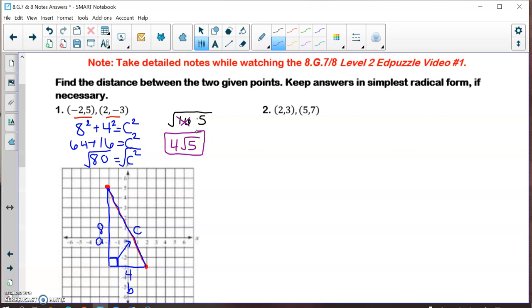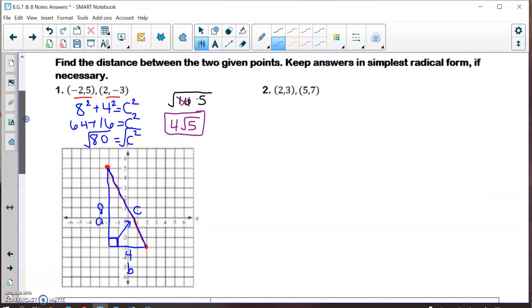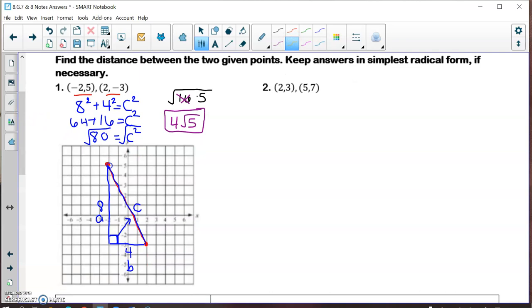Now, number 2, we don't have a graph, so I'm going to show you how to do these types of problems without a graph. Technically, what we did between these 2 points was we found our rise and we found our run.